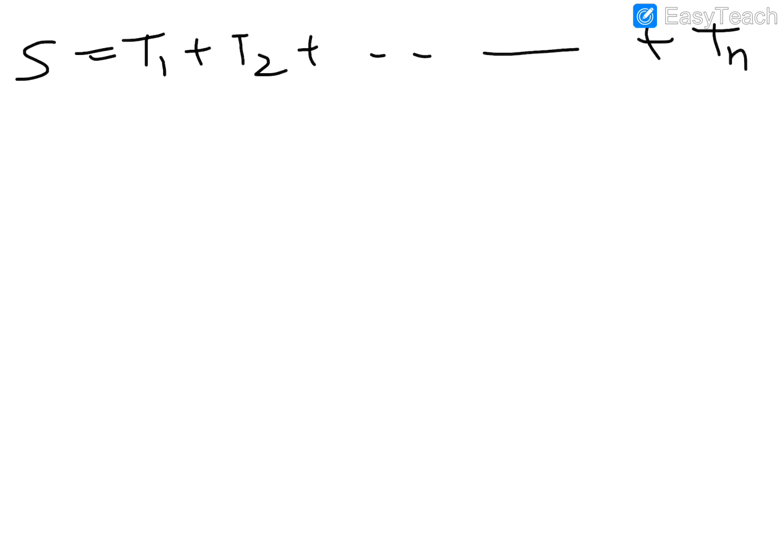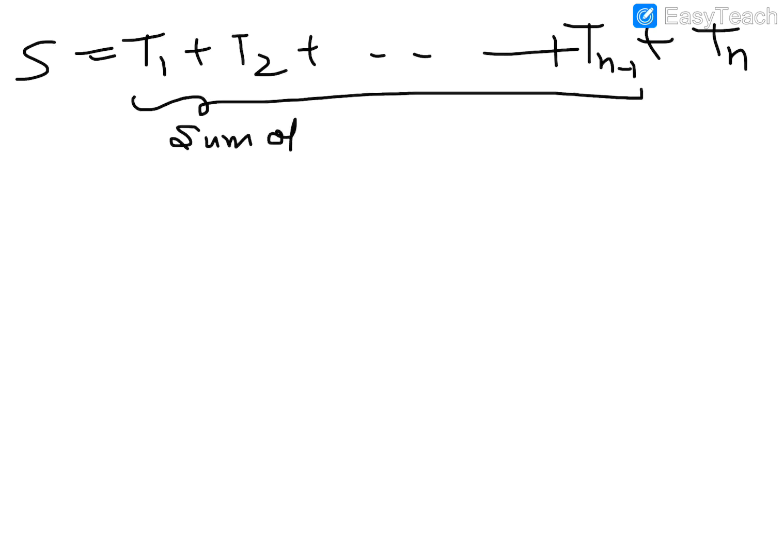Okay, now let's see one result from this. Let's say S is t1 plus t2, like that till tn, and before that t(n minus 1). If I consider this part, can I say it is the sum of the first n minus 1 terms, so this should be equal to S of (n minus 1).